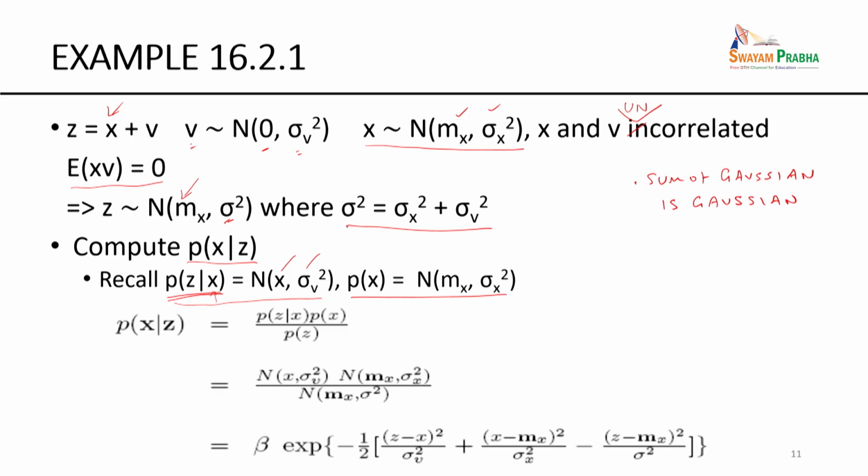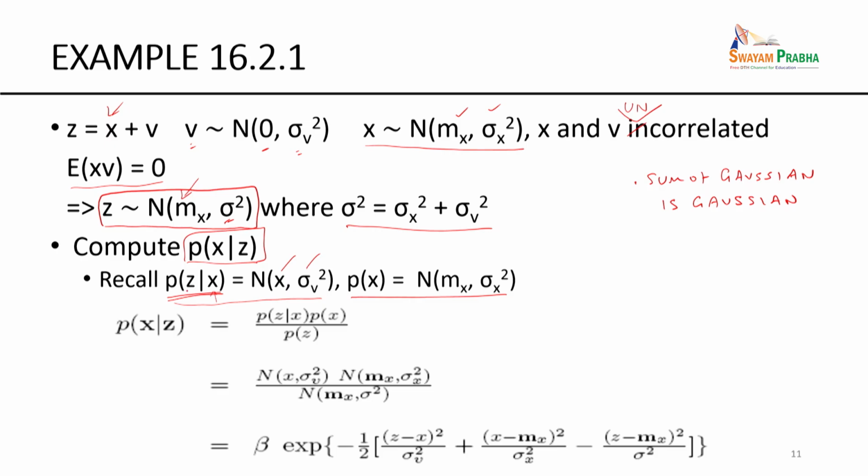I hope you are all with me. This is the unconditional distribution of z. This is the conditional distribution. The conditional distribution is given by this. So my aim is to be able to compute the posterior distribution p of x given z.